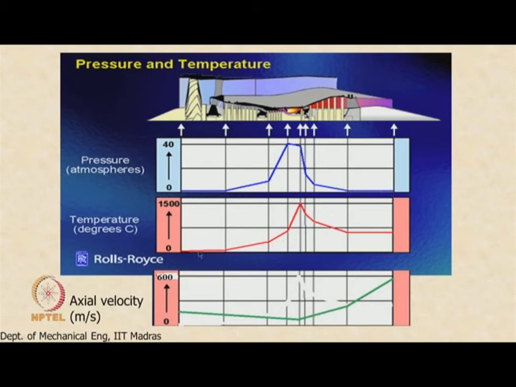You see a similar trend for temperature. Temperature increases as the gas is compressed, and it increases very drastically in the combustor as we add fuel and burn the fuel, and then it begins to drop as the fluid undergoes an expansion process.